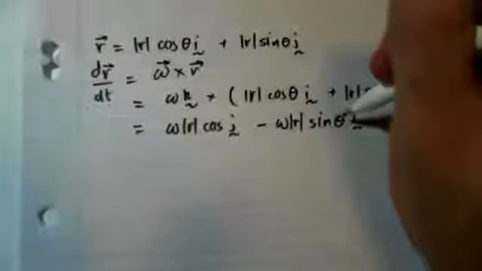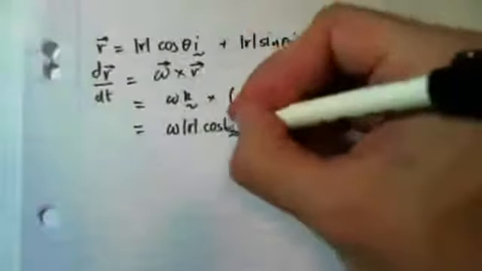Now if we derive our r term with respect to theta, we should get a negative sine and a positive cosine. Let's go ahead and do that.